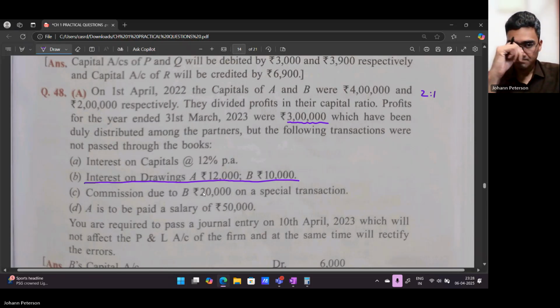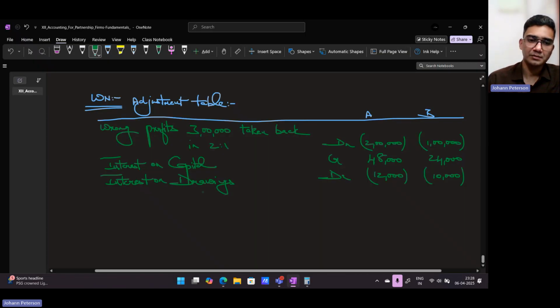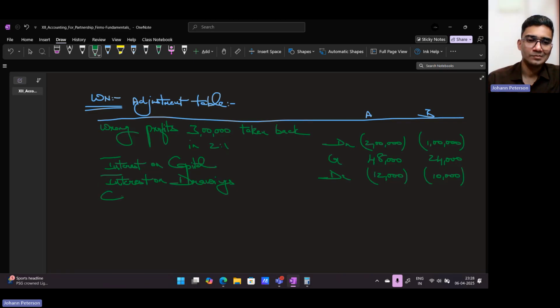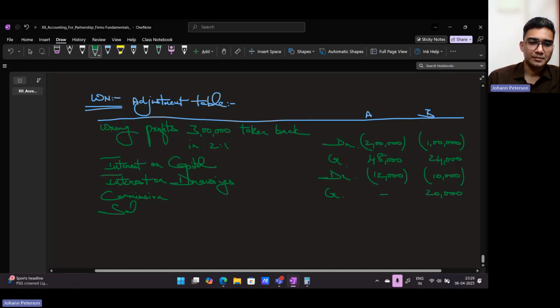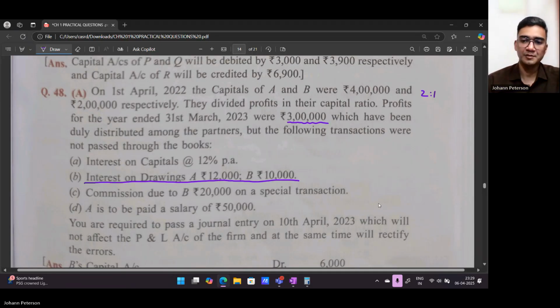After that, commission due to B, 20,000 on a special transaction. So we are giving commission to B. Again, this will be a credit item. So this will be for B, which is 20,000. A is to be paid a salary of 50,000. Salary. This is for A. So again, credit amount is 50,000.